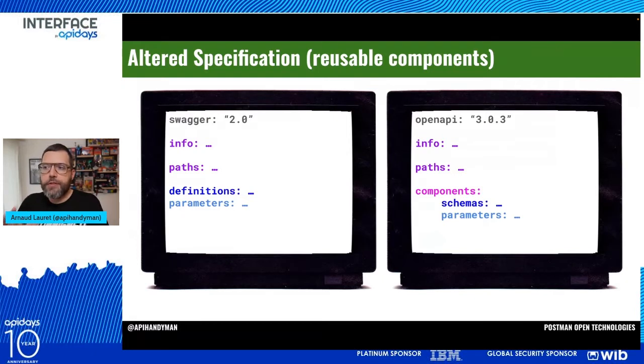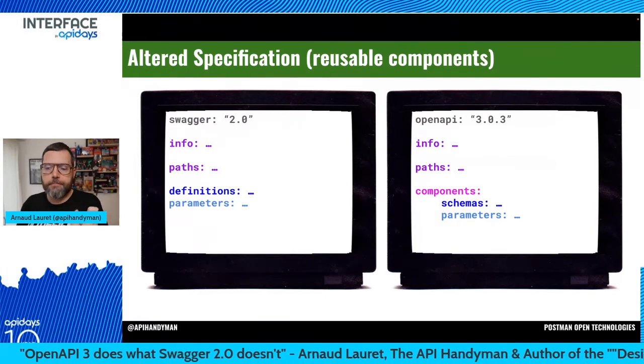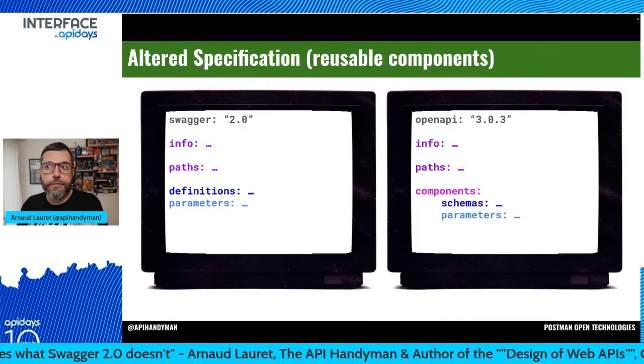The main modification in the structure of a document brought by OpenAPI 3 is a better separation between what was reusable across the document and what was just a definition, especially at the root level. In a Swagger 2 document, you have, for instance, the parameters property at the root of the document.